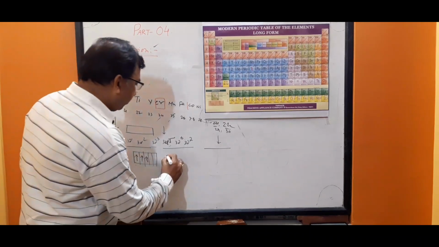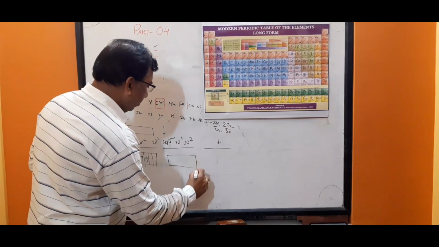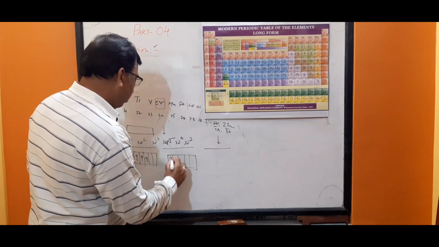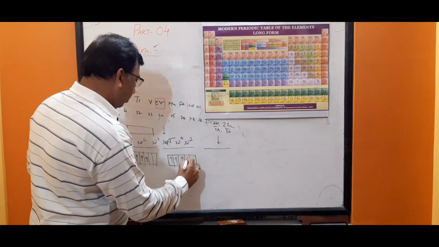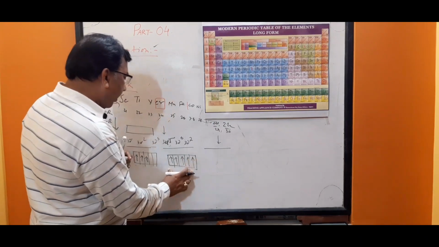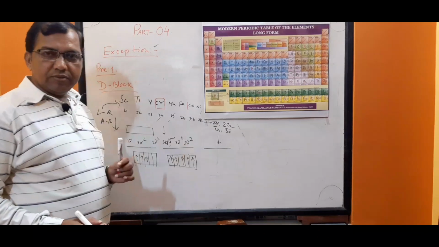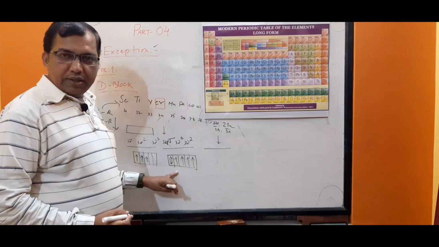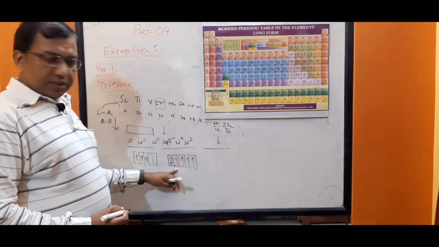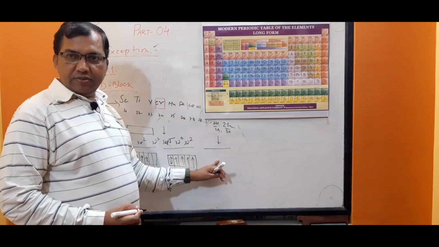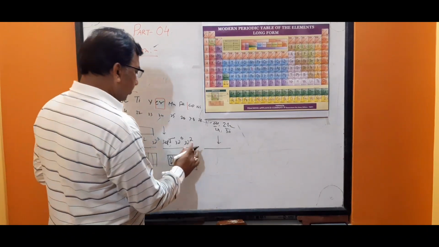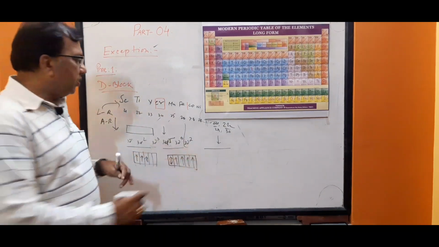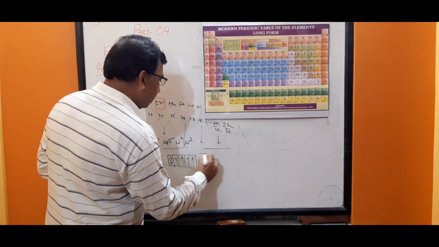In this case, for 5, 6, 7, what will happen? For 5 and 6, an extra 1 will come. Okay, 6, 7, 8, 9, 10. What will happen in this?